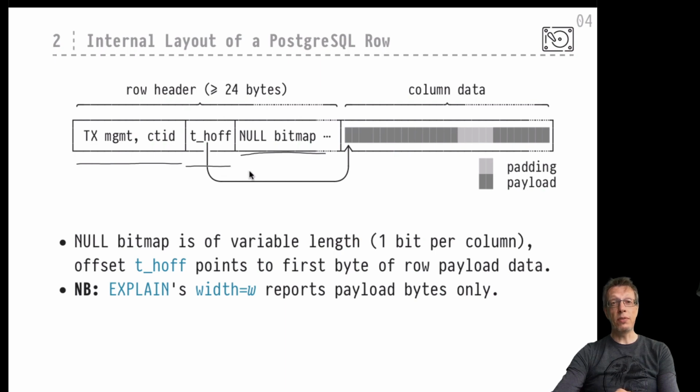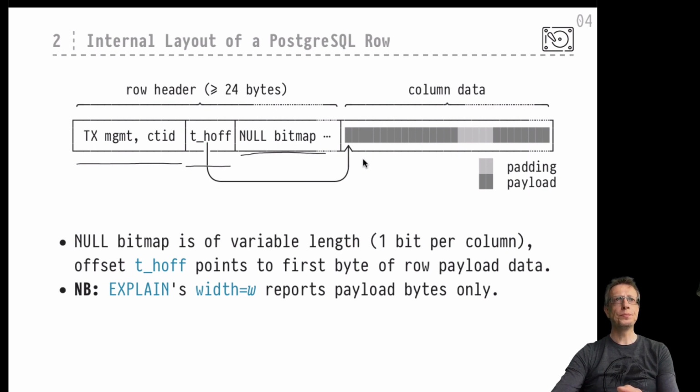We have already seen that as we were listing the heap page items in an earlier video. And this offset tells the system that the actual payload column data begins at offset t_h offset. Okay, so normally that would be 24 here if the null bitmap is not too wide, but this is in fact a row internal pointer that points us to the actual column data here.